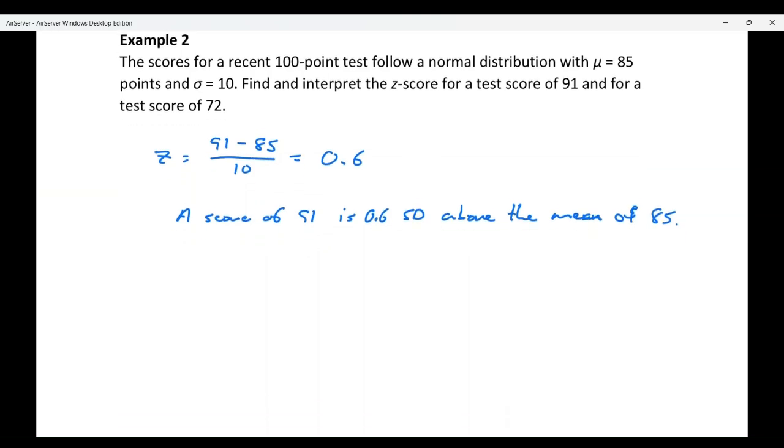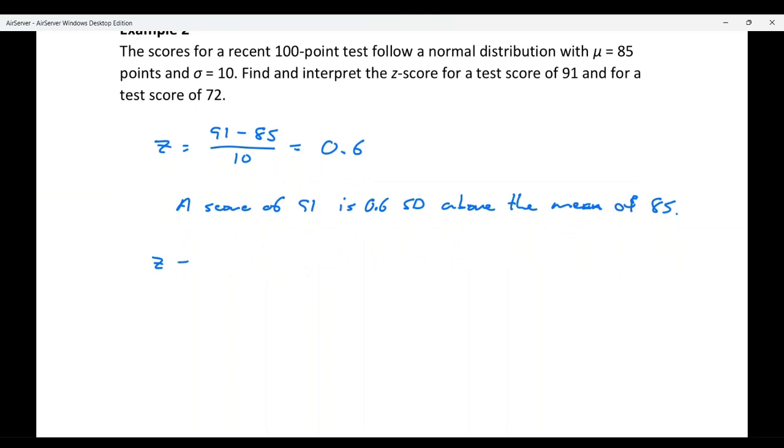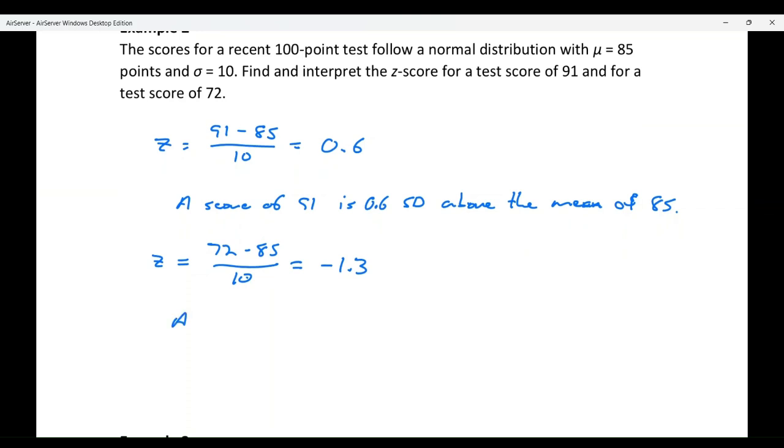Okay. And then likewise for the score of 72, if we take 72 minus 85 divided by 10, that gives us a z-score of negative 1.3. So a score of 72 is 1.3 standard deviations below the mean.